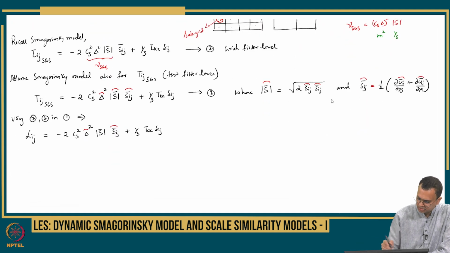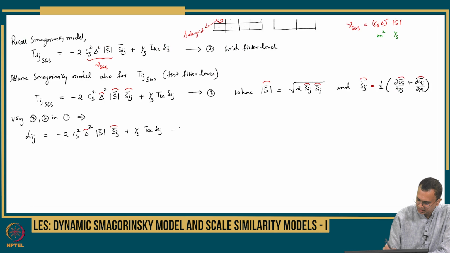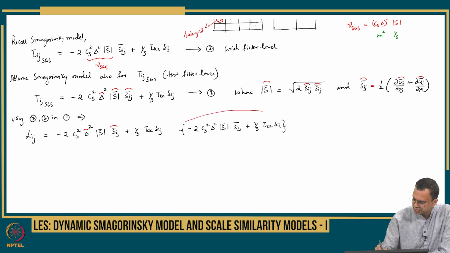So tau ij SGS is, this is minus of that, so it's minus of tau ij SGS, which is minus 2 CS square delta square Sij over bar plus 1/3 tau kk delta ij, and then there is a test filtering operation on the entire part. This is tau ij SGS.